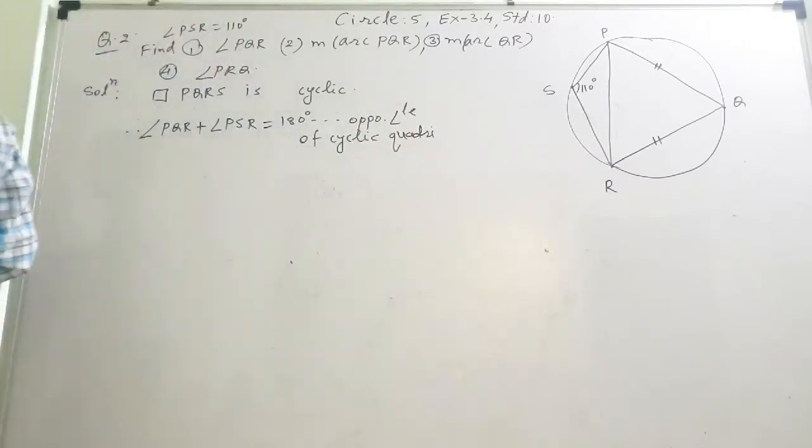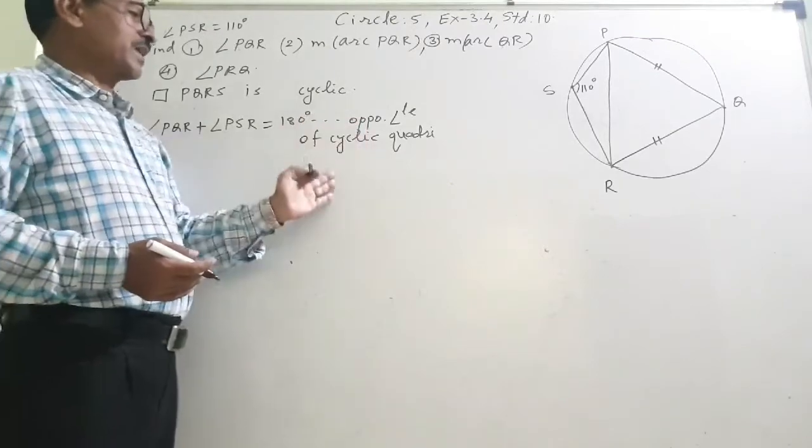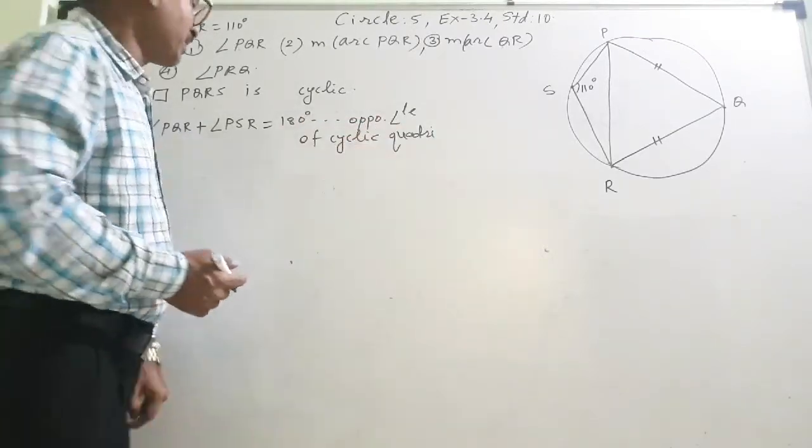What are they? Opposite angles of cyclic quadrilaterals are supplementary.